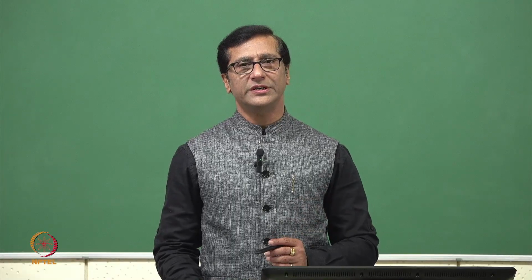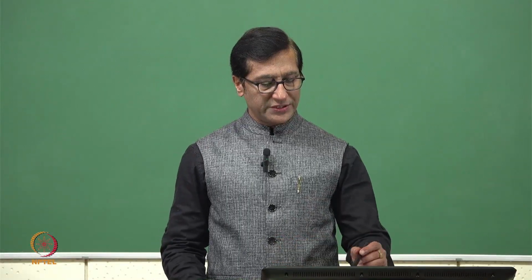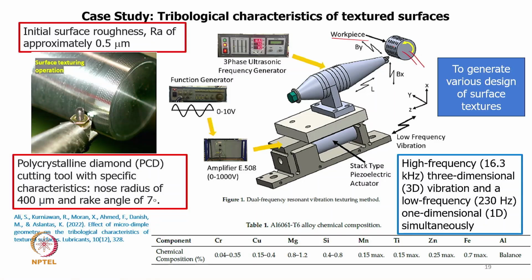Finally, I am going to show one case study where people have tried to generate a texture on a surface. You can see here the workpiece which is having a texture. Here there is a tool which is able to generate the surface texture, and this is the surface texture which you are able to see over here. In this case they have done two motions. One is a 16.3 kilohertz frequency given to this unit, while another low frequency has been given to the holding unit also.